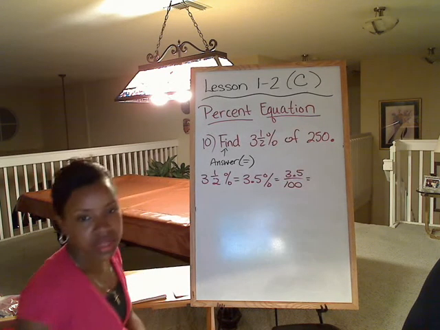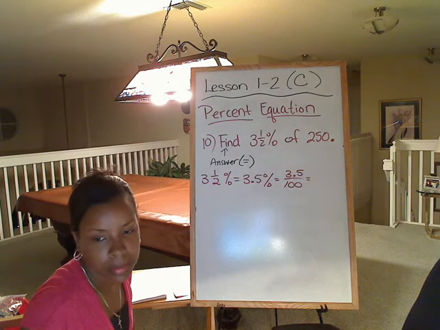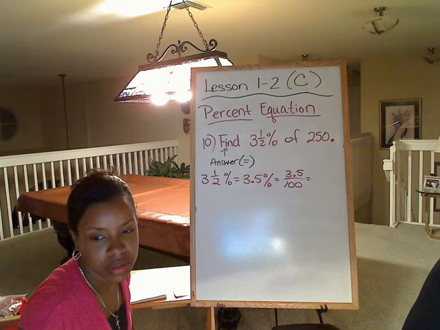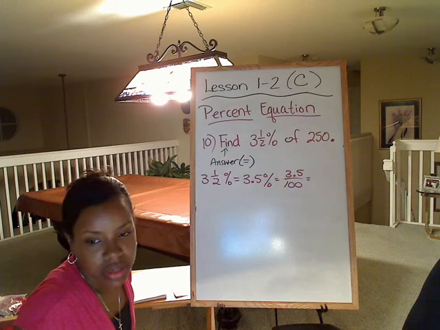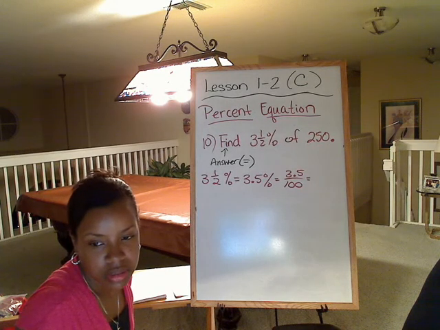And when you divide that, you get... sorry, I hit a wrong button. 3.5 divided by... oh, I wish I had a regular calculator. Sorry guys. Let's try this again.